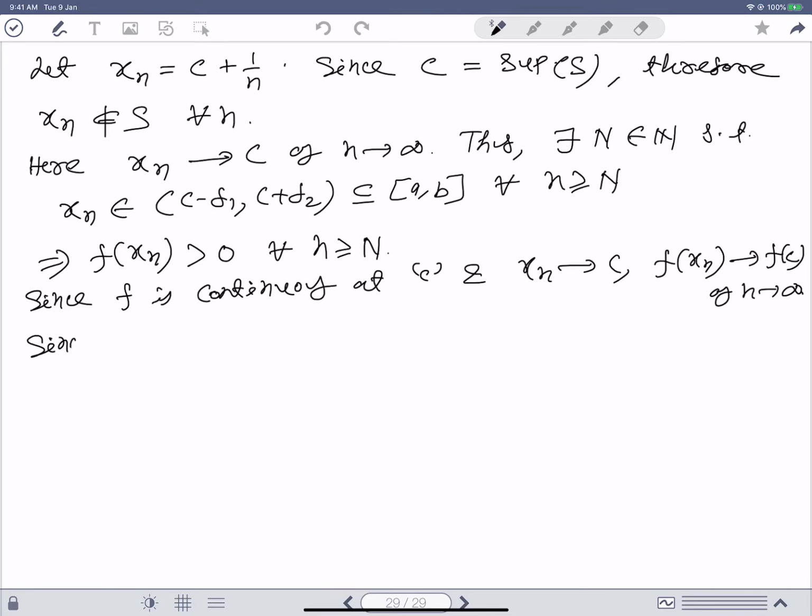And also, since f of xn is bigger than 0 for all n bigger or equal to N, therefore we have f of C, we cannot say strictly bigger than 0, but we can say it is bigger or equal to 0. Fine, right.